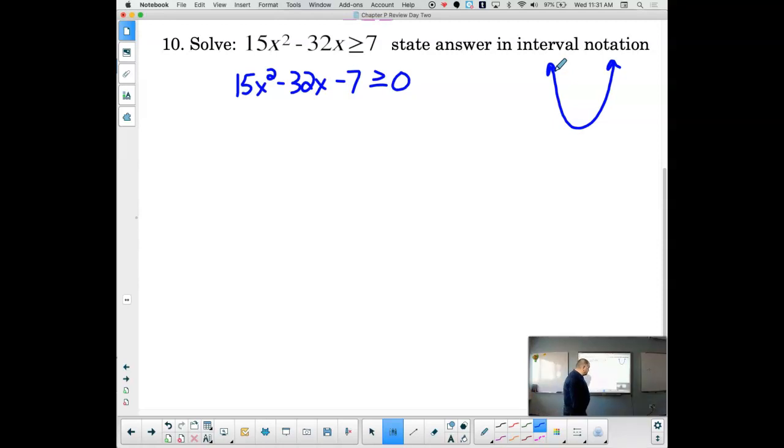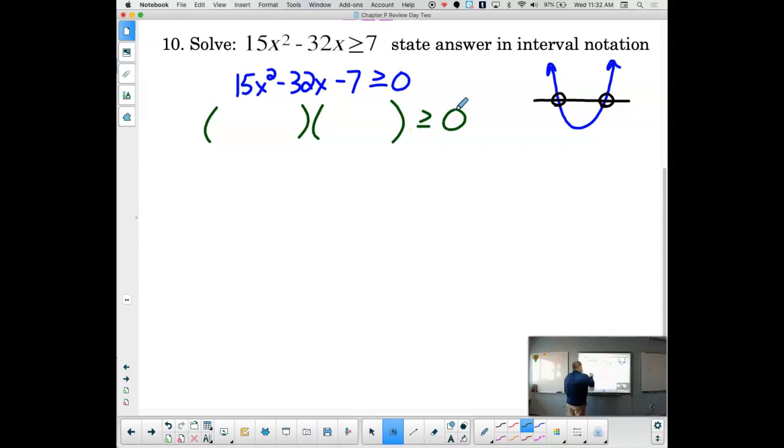So what I just need to do is find those two locations where it crosses the x-axis. I could use the quadratic formula, I could complete the square on it, I could factor it if possible, all those different things, and it actually is factorable.